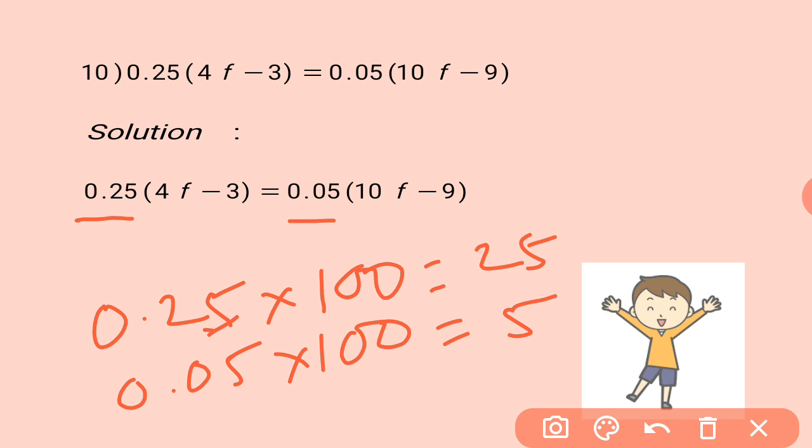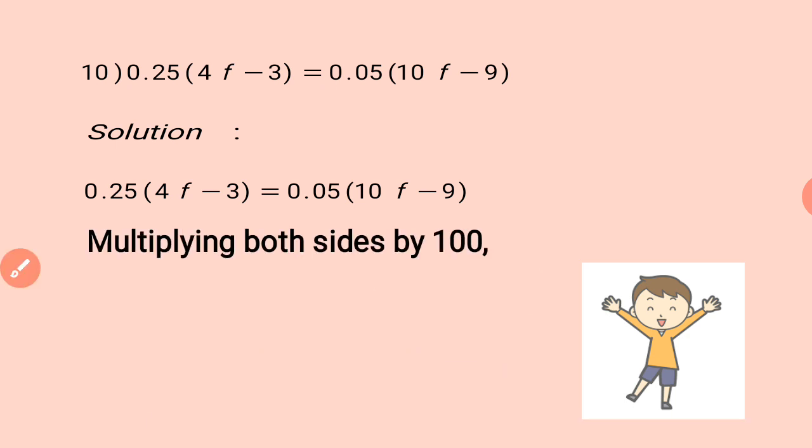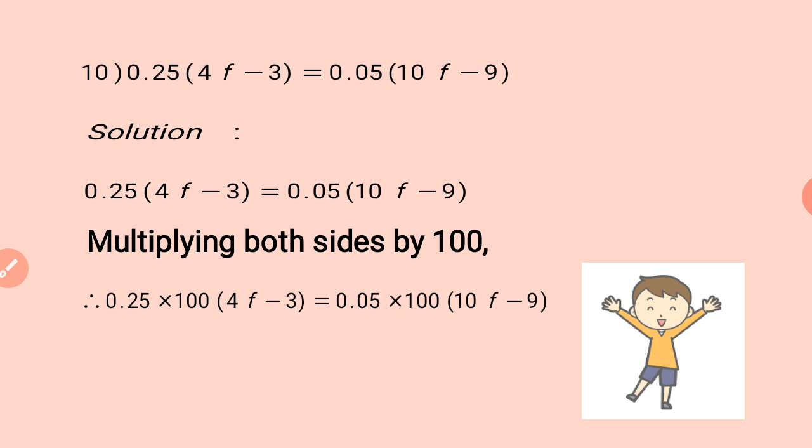This is how, when I multiply both sides by 100, the decimal part will get removed and you will have integers, and it becomes really easy for you to proceed further. So this is what we are going to do now. Multiplying both sides by 100, this is what is done, and you get the simpler form. 25 into the bracket, then on the right hand side 5 into the bracket. The rest is very easy.